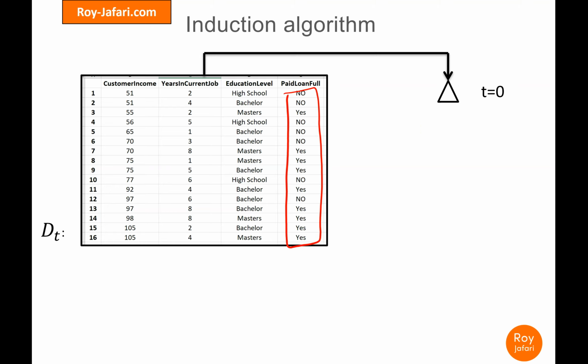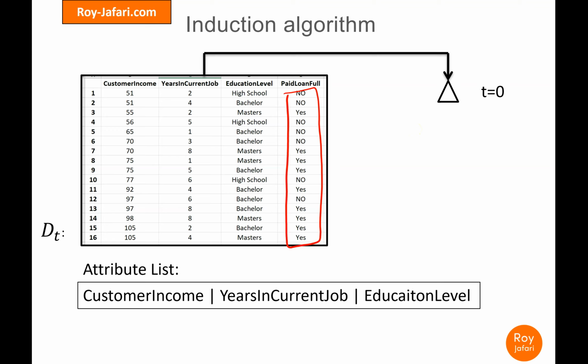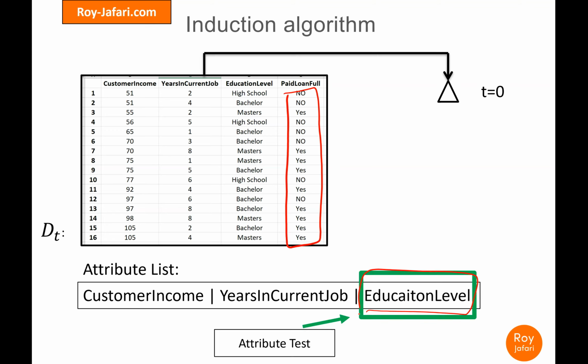Once we decide it's a split node, we have to choose an attribute to split the data by. Let's say we choose education level for some reason, and that reason is an attribute test that we will discuss in this video. But let's continue. I want to get to the end and then come back and see what this attribute test is.